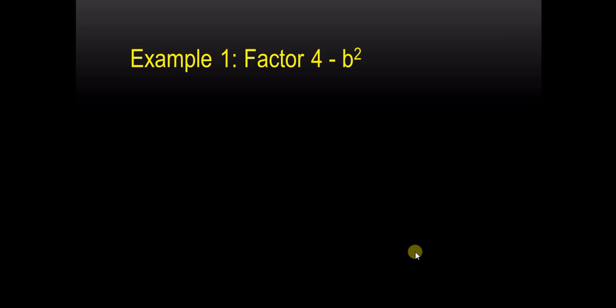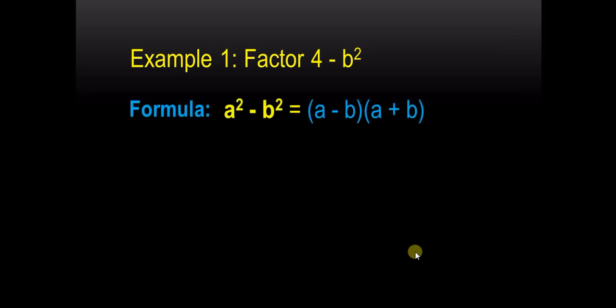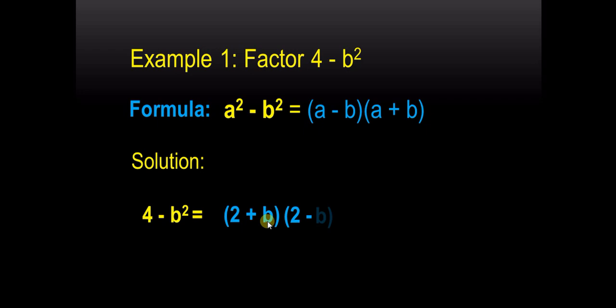Factor 4 minus b squared. Once again, this is our formula. Solution. We will get the square root of 4, that is 2, and the square root of b squared is b. Again, copy this, but different operator.